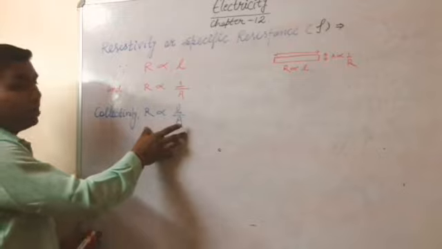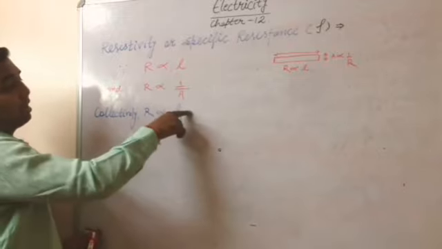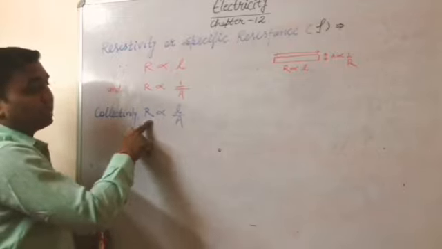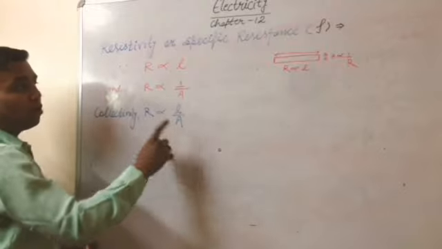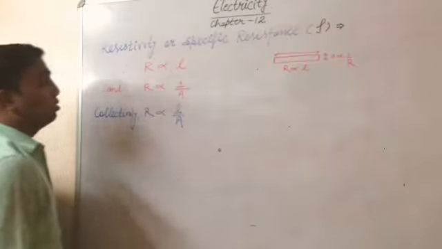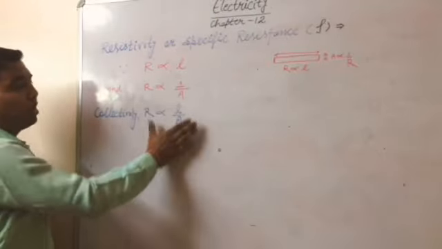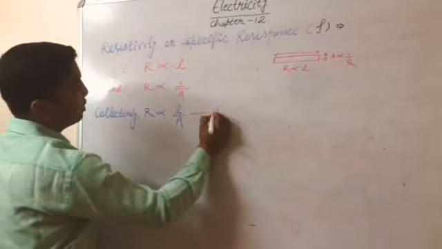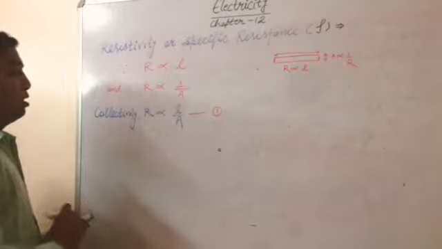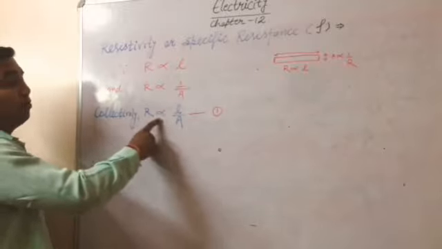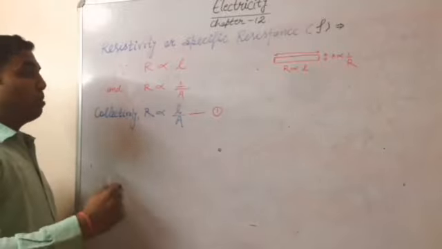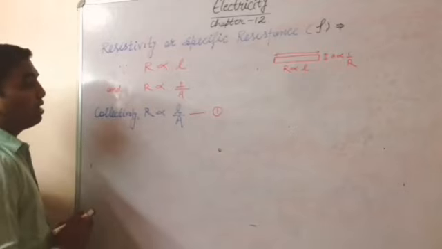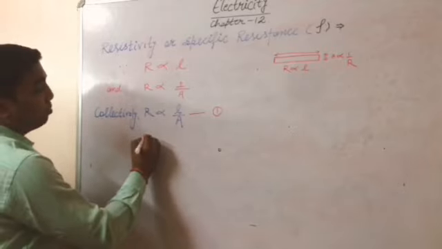So we are getting that the resistance is directly proportional to length and inversely proportional to the area of the cross section of the wire. So here we have written R proportional to L upon A. This is our equation number 1. This relation is given with a proportionality sign, and we will have to remove it.